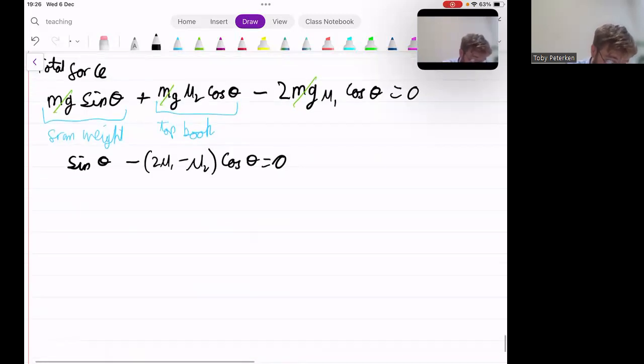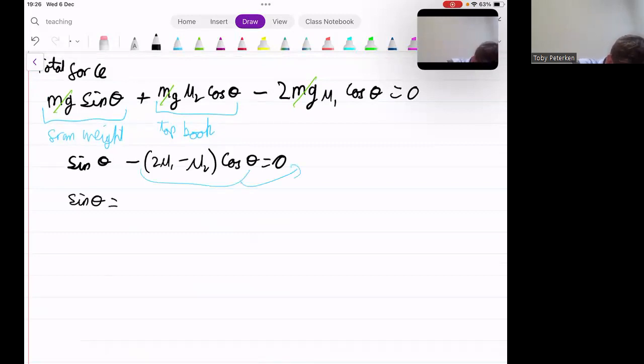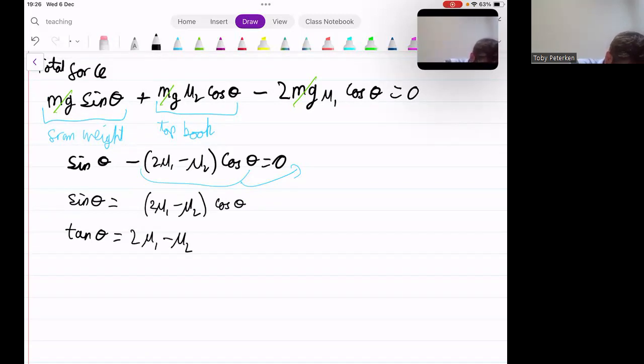So we do the same kind of thing. We bring this to the other side. We have sine theta equals (2 mu1 minus mu2) cos theta. So dividing by cos theta, we have tan theta equals 2 mu1 take away mu2. Oh, sorry, the 2 should be inside the brackets.